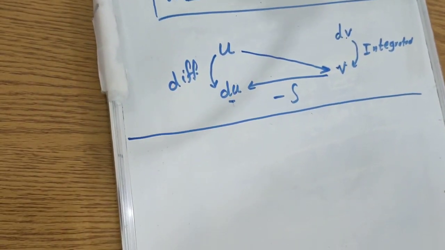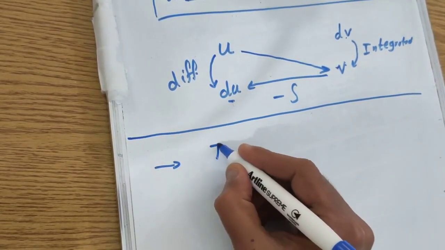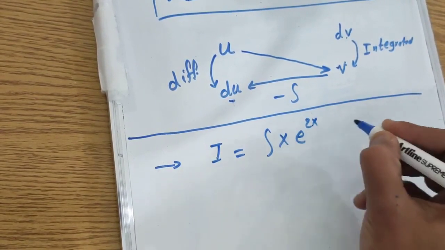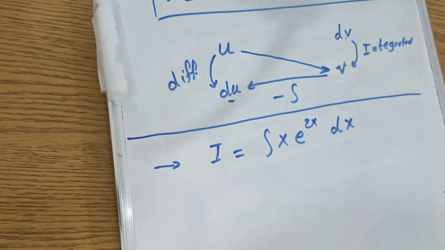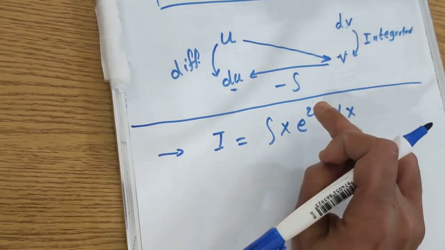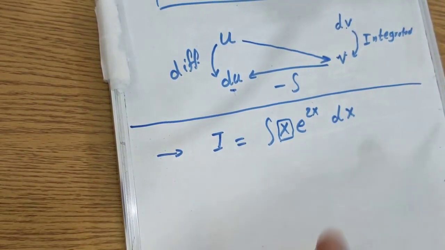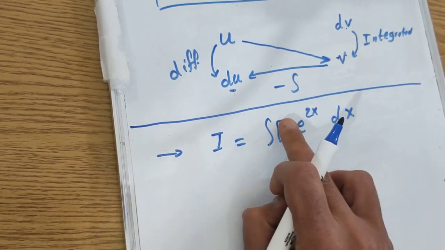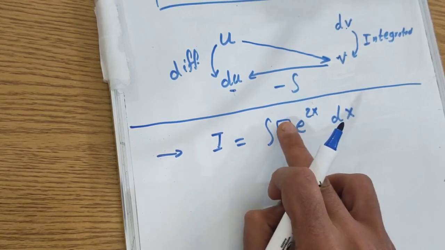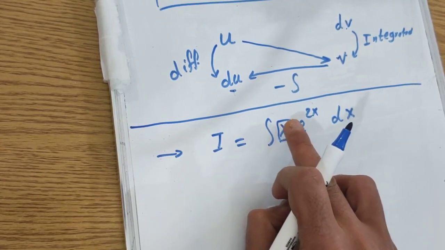To understand the rule of integration by parts, let's see an easy example. If we need to evaluate the integration of x e power 2x dx, of course, if the function x disappears, this integration will be an easy integration because the integration of the exponential e power 2x is e power 2x over 2.